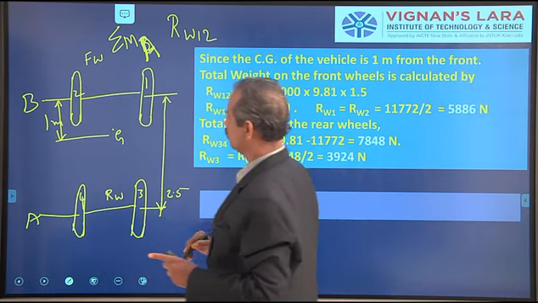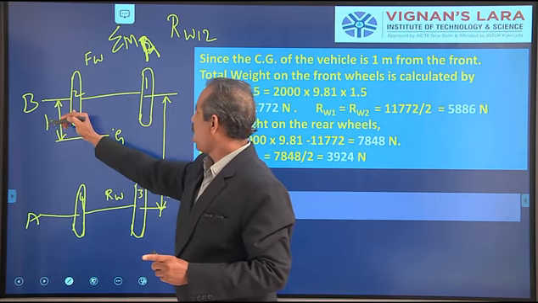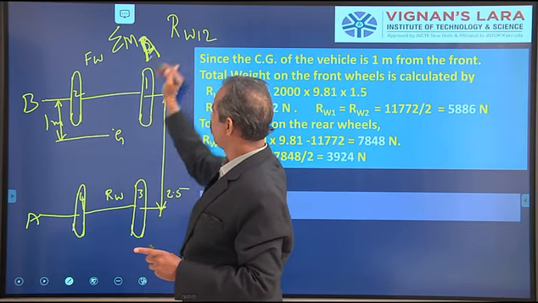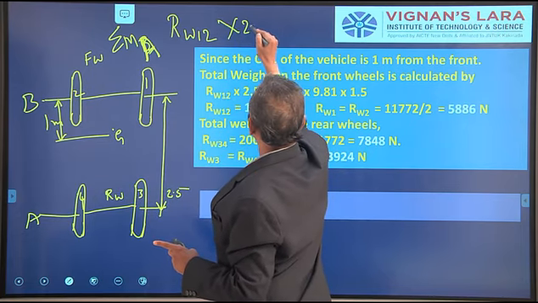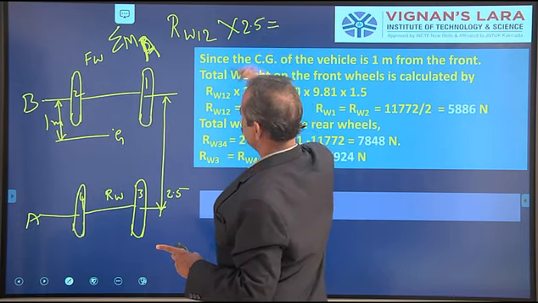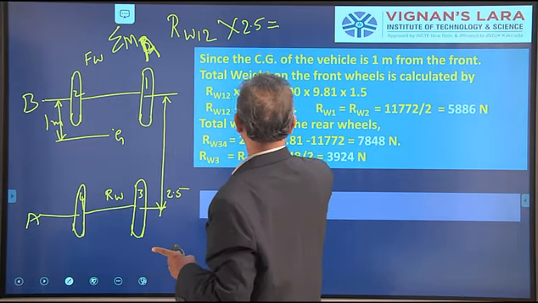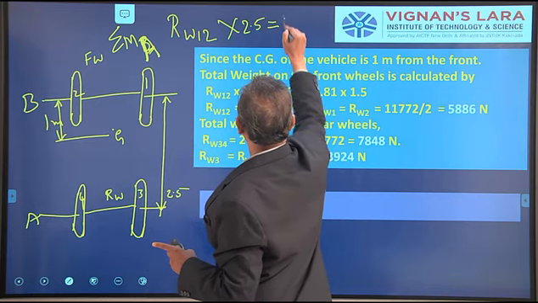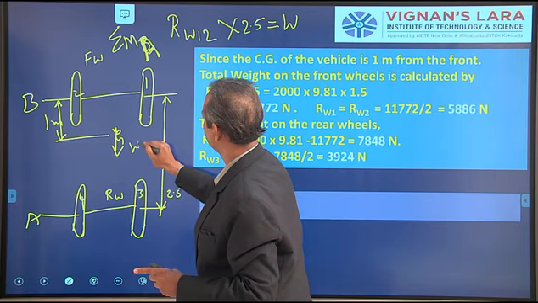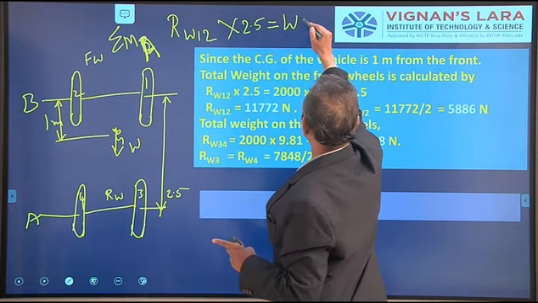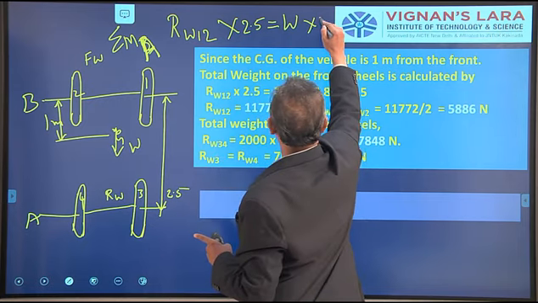Moments at A. So if I take moments at A, that is RW12 into 2.5, which is this distance, is equal to this weight W into 1.5.